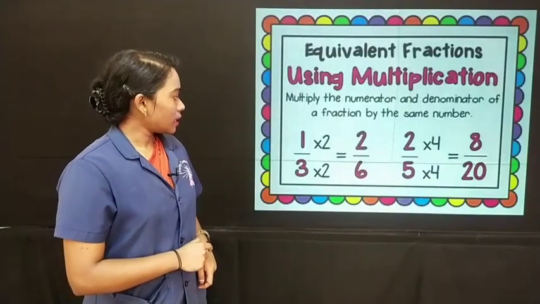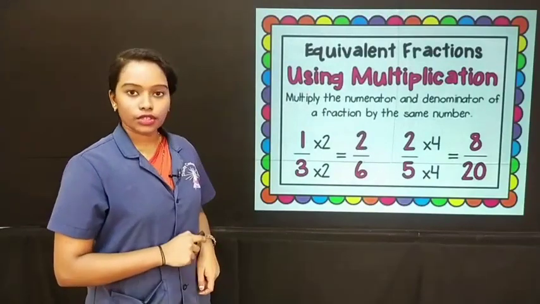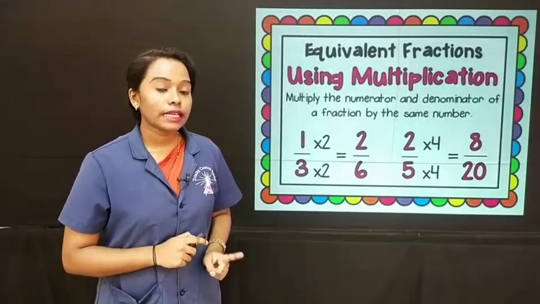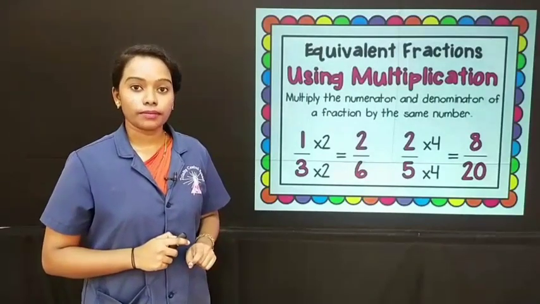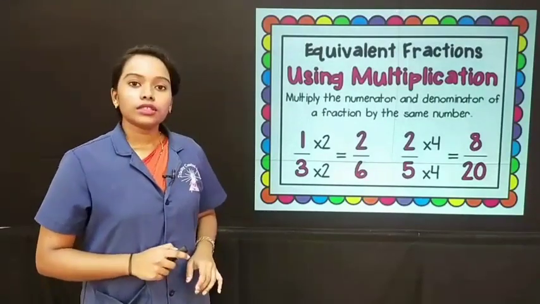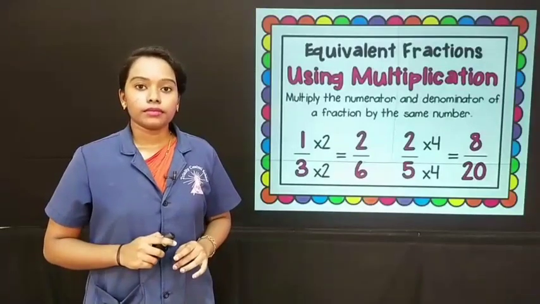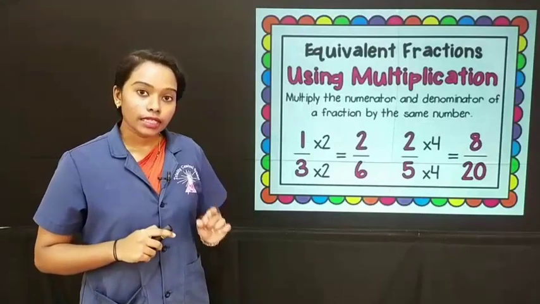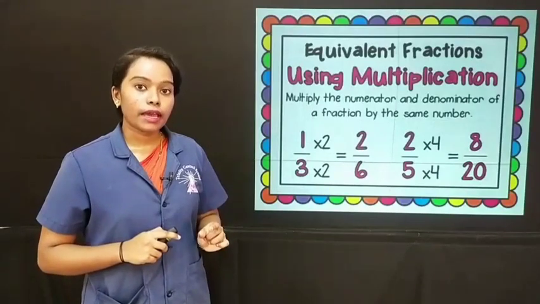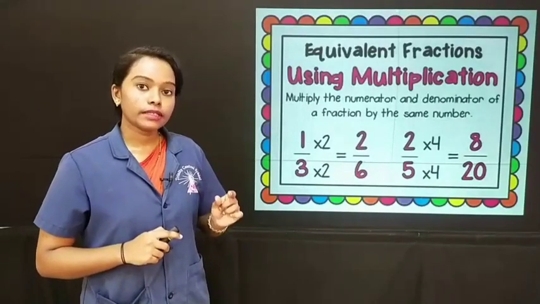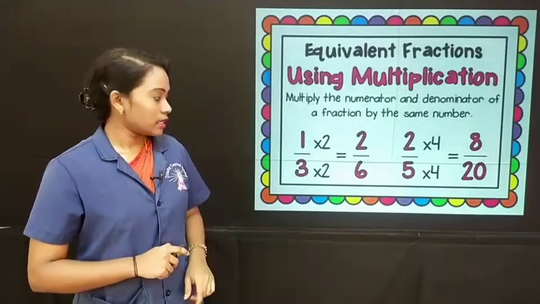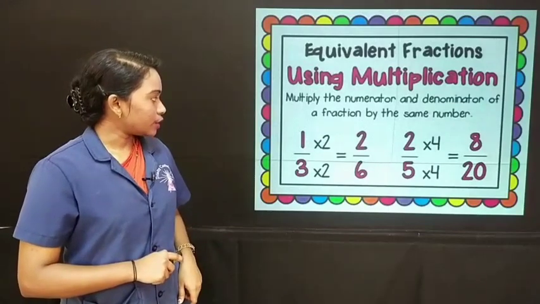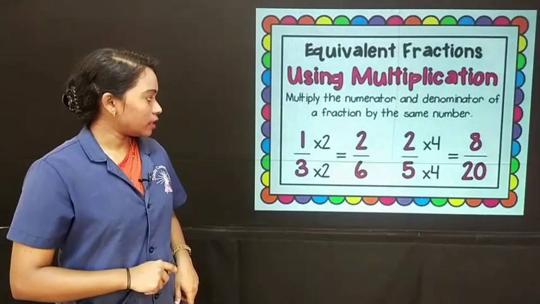Let us find equivalent fractions of some given fractions by using multiplication. See here, 1 by 3 is a given fraction and you have to find its equivalent fraction. Choose a number. I am taking here 2, and that number you have to multiply to both the numerator as well as the denominator. 1 into 2, 3 into 2.